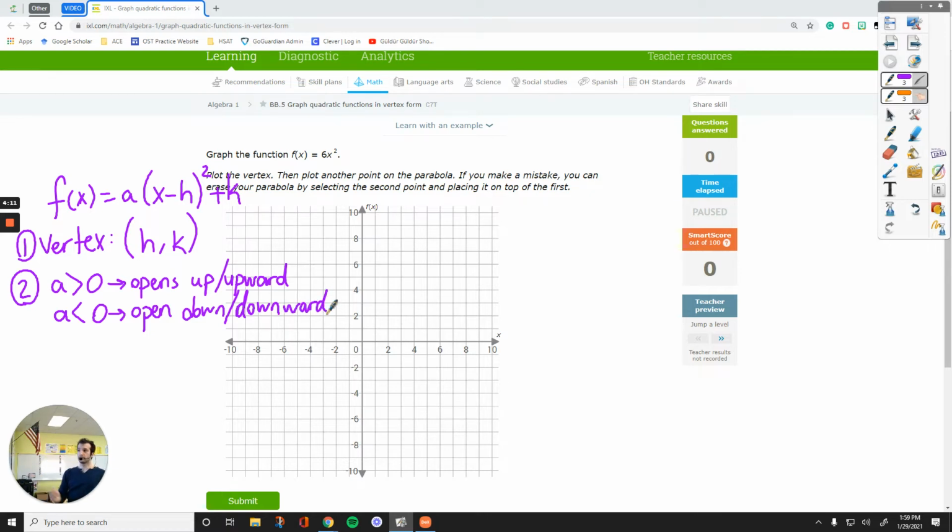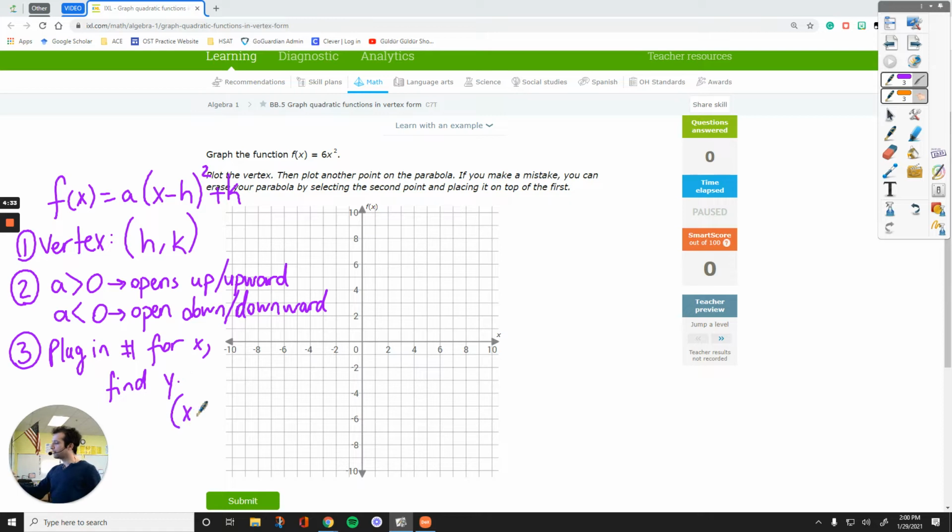And step 3 is going to be plugging in a number. Plug in a number for x, and then find the corresponding y value. So let's say you plugged in 1 and you got 5 for y.